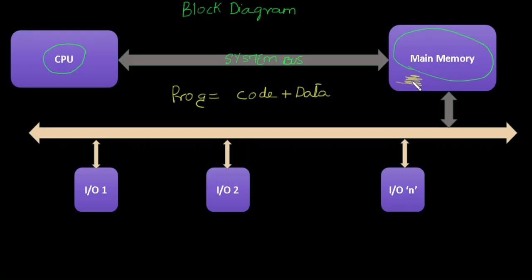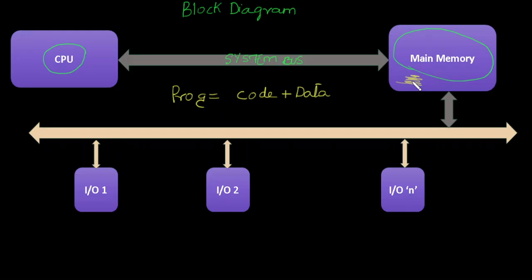Since it's an electronic device, whatever instructions we give should be in the form of ones and zeros because it understands only binary instructions. So, friends, before we actually start our programming journey, we need to understand the number systems as well. That means what kind of number system the CPU understands and what number system we actually use.